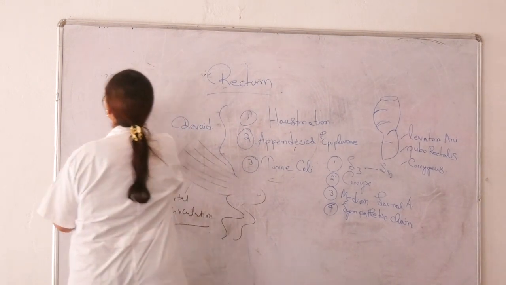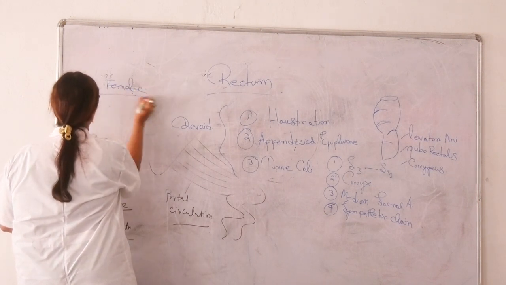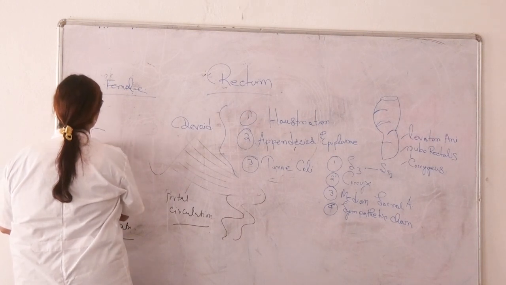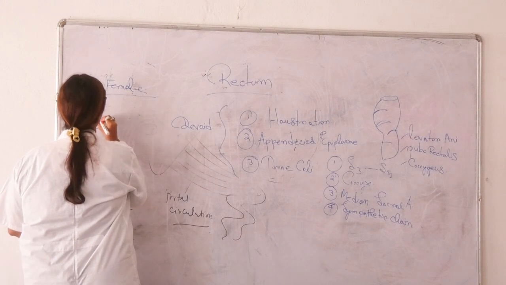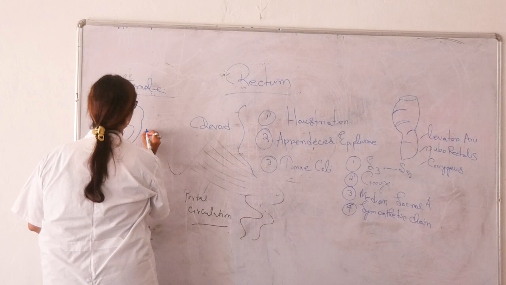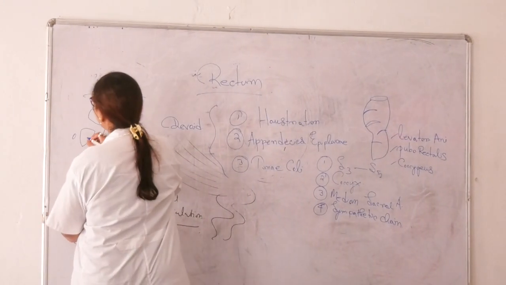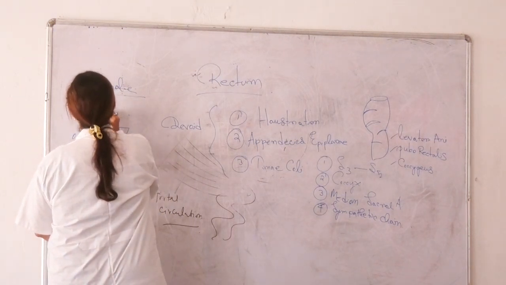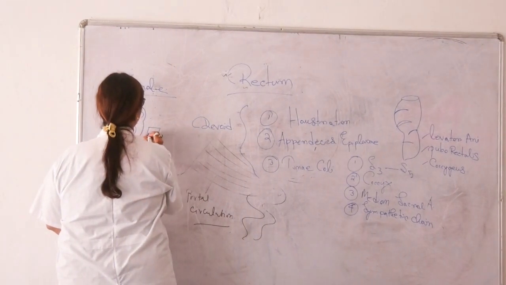So see, in case of female, how does it look? First there will be the umbilicus, then suppose this is the urinary bladder, this is the uterus, and this is the rectum.